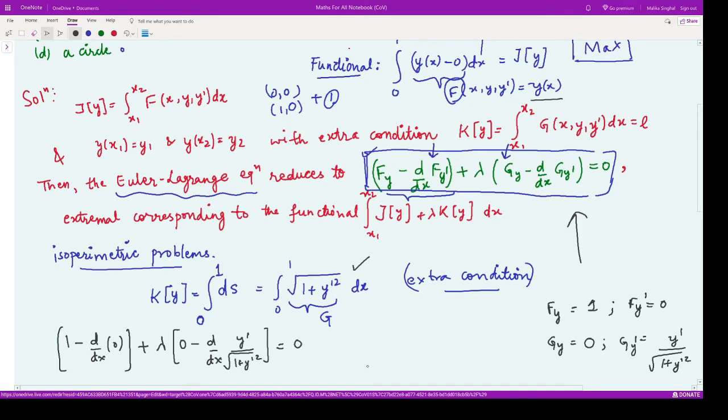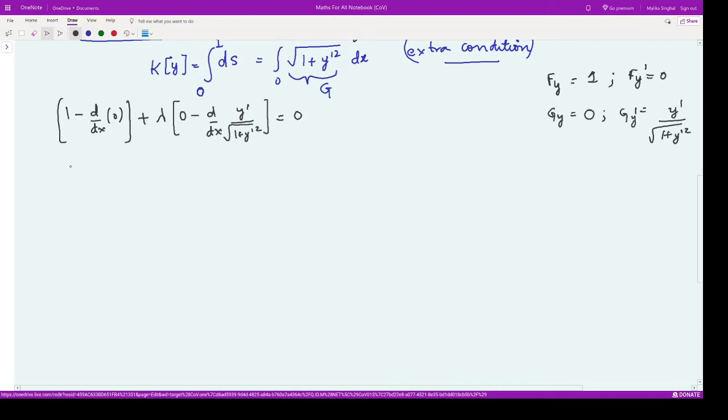So we obtain 1 minus lambda d/dx of y dash divided by square root of 1 plus y dash square is equivalent to 0.